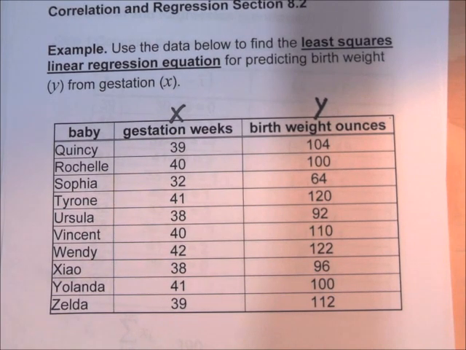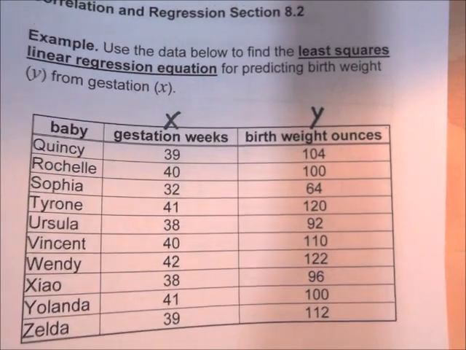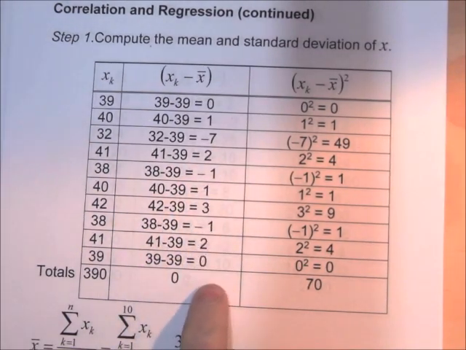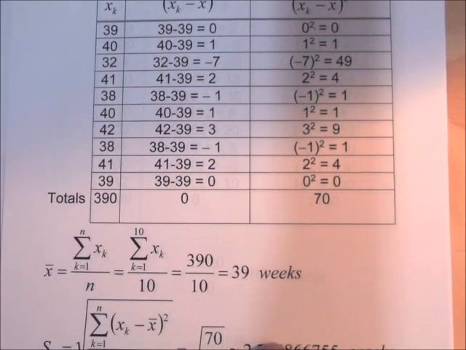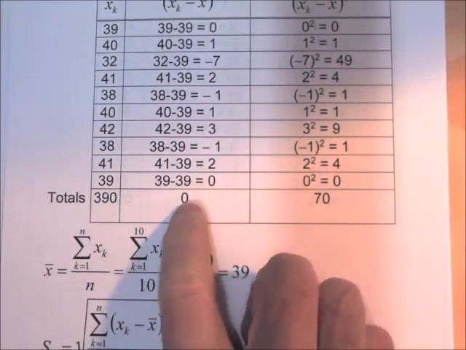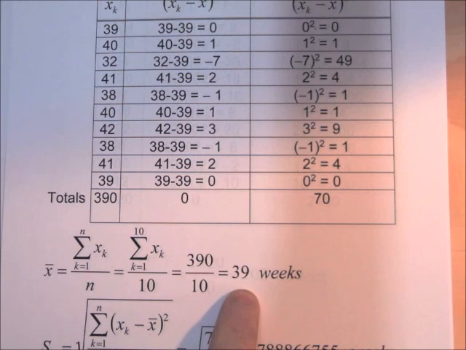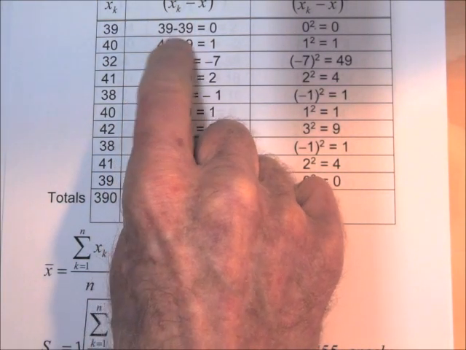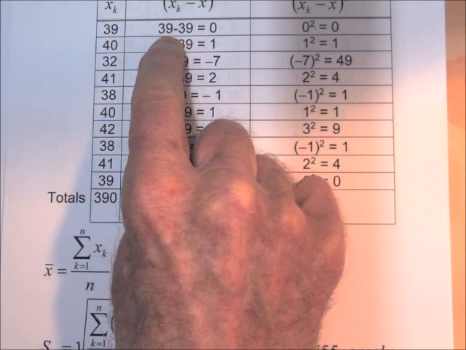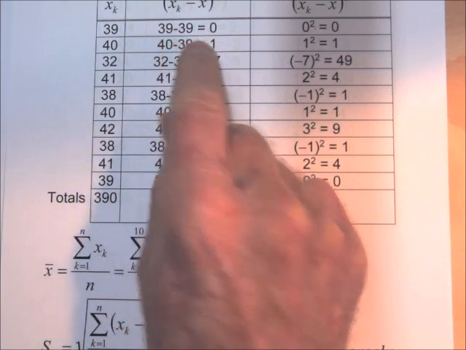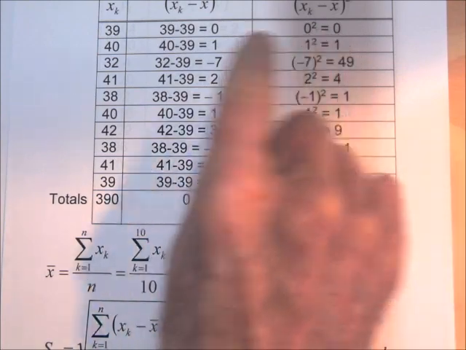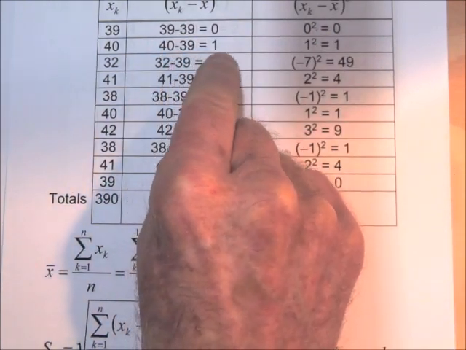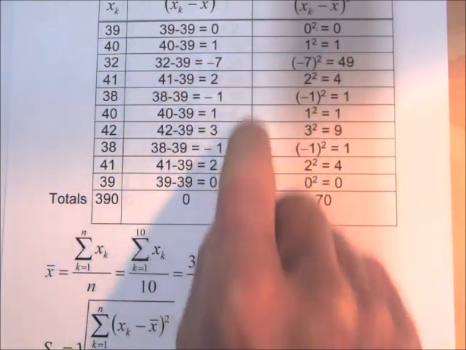This is like what we were doing in the first part of the course, computing the variance. We'll compute it first for the X variable. Compute the mean: add up all the numbers, divide by the number of numbers. It's 39 weeks. Then each gestation minus the mean, and then square it. 39 minus 39 is 0, 0 squared is 0, 40 minus 39 is 1, 1 squared is 1, and so forth.